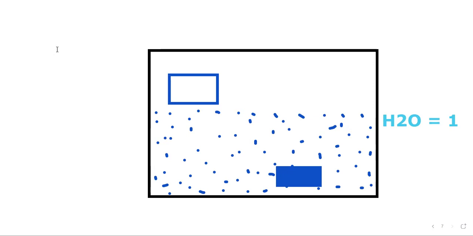If the mass to volume ratio is greater than the liquid's, then it will sink into the water. If its ratio is smaller than the liquid's, then it will float on the surface.